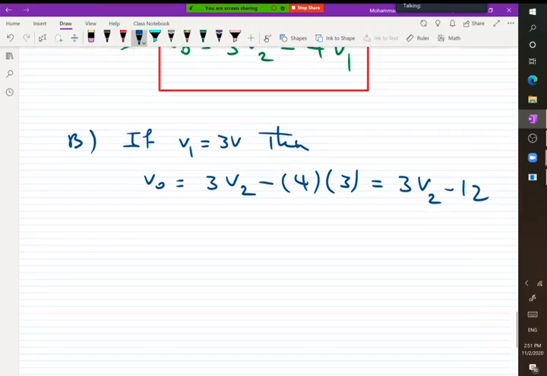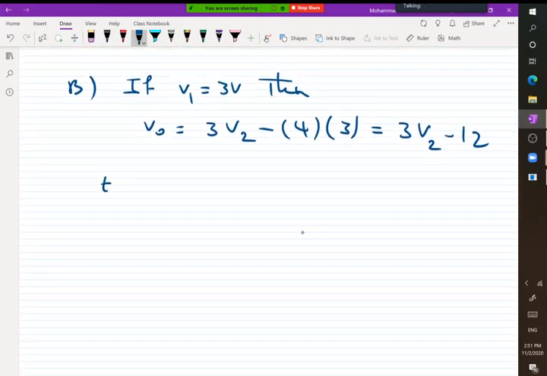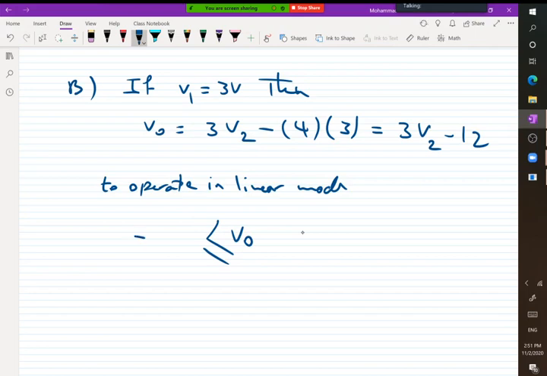Okay, and to operate in linear mode, we know that VO should be greater than negative VCC, smaller or equal to VCC.